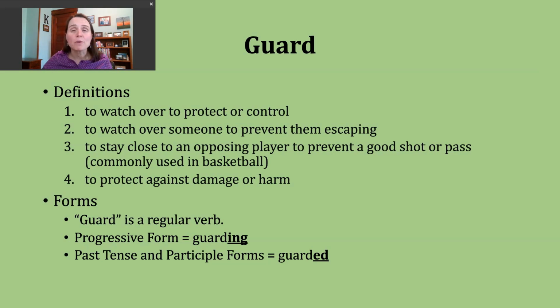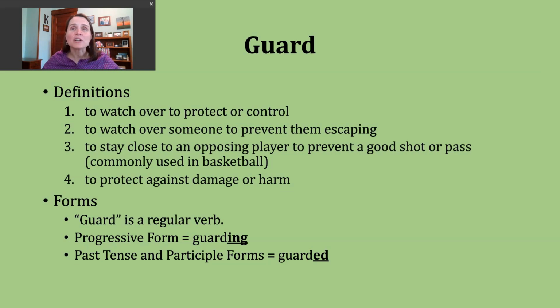To make the progressive form of this verb, all you need to do is add ing, and that forms guarding. The past tense and participle forms of this verb can be made by adding ed. Our base verb, guard, ends with a d sound. This means when I add the ed ending, I'm going to add an extra syllable to this verb.